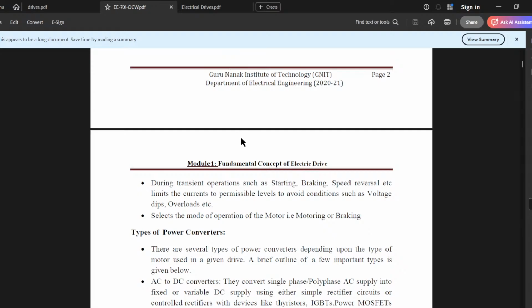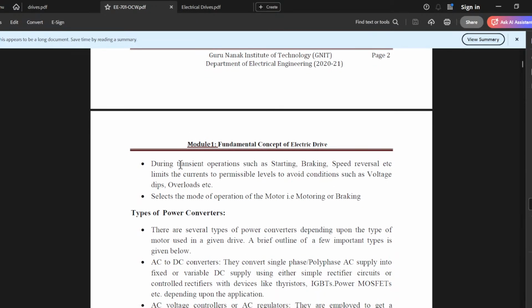So during the transient operations such as starting, even braking, speed reversal, it limits the current to permissible levels to avoid conditions such as voltage dips and overloads. So at this time, we have to be very careful, as the voltage can dip too low or overload.